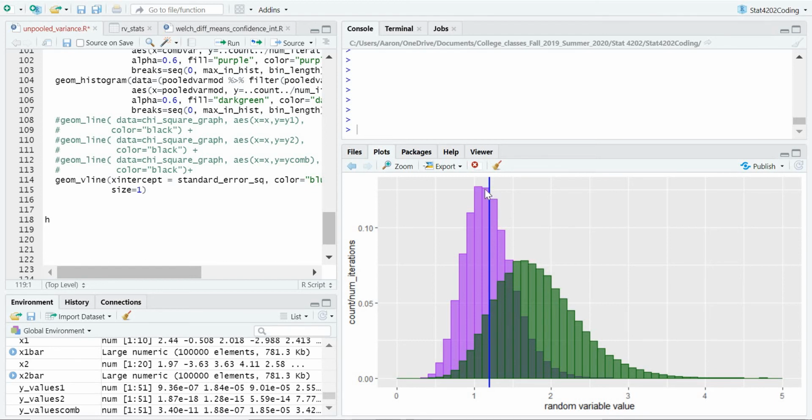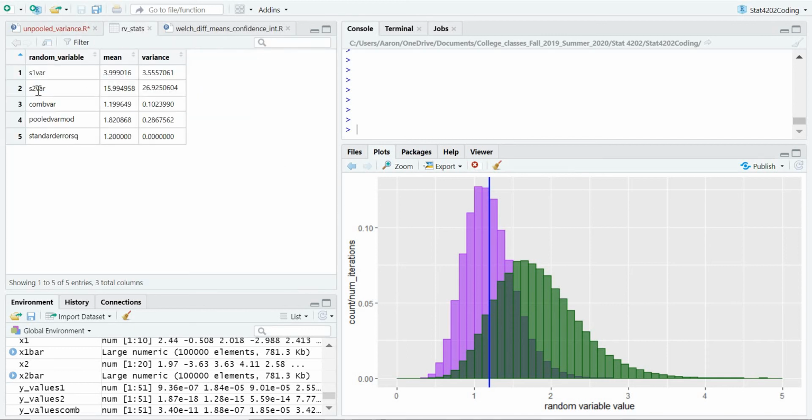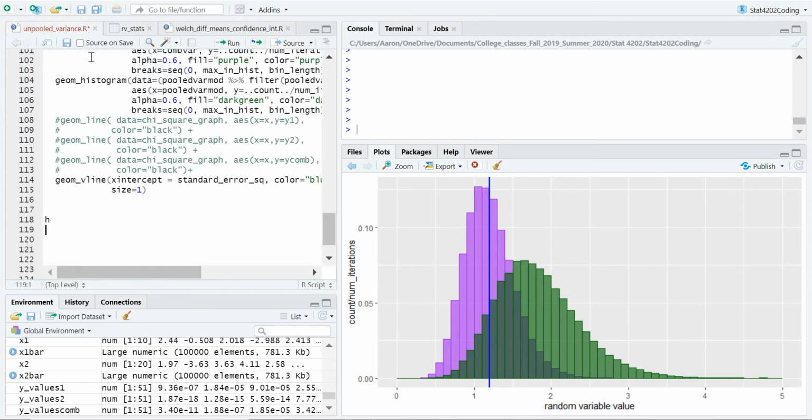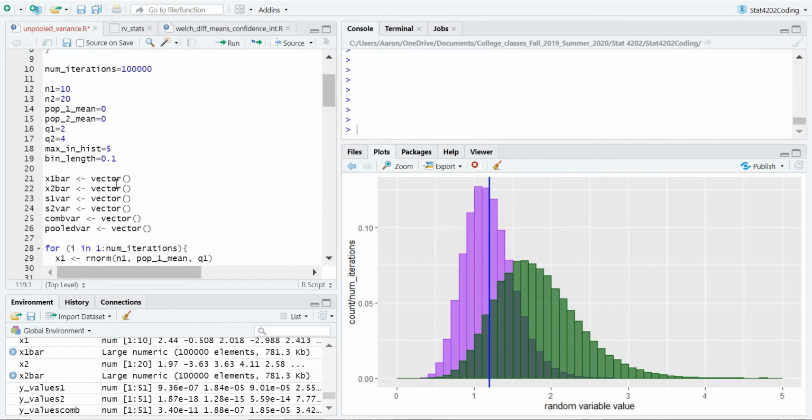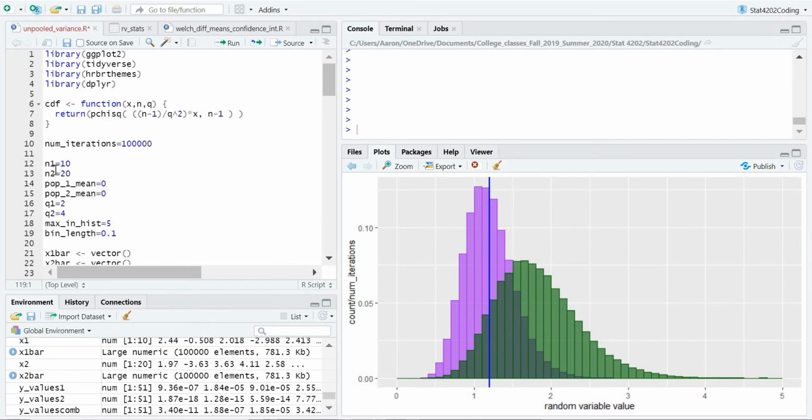And we can see that the Welch style was very good at approximating, an unbiased estimator of the standard error, whereas the pooled variance, not so much. So we can make a generalization and say that only when the sample sizes are different and the population standard deviations are different, then you're going to have trouble using the pooled variance estimate.